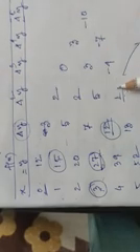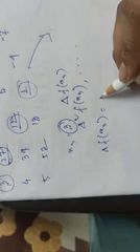This is our delta y, that means delta of f(x3) will be 12. Next, delta square f(x3), it will be 1, and after that there are no values. So delta of f(x3) equals 12. Then delta square of f(x3) equals 1.